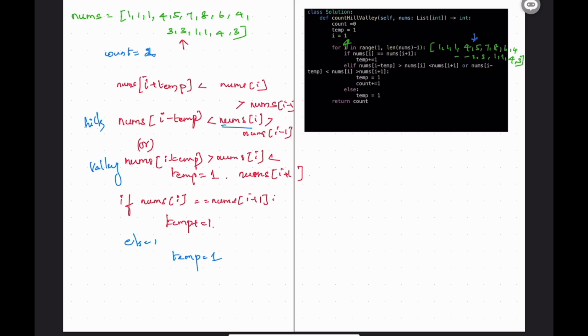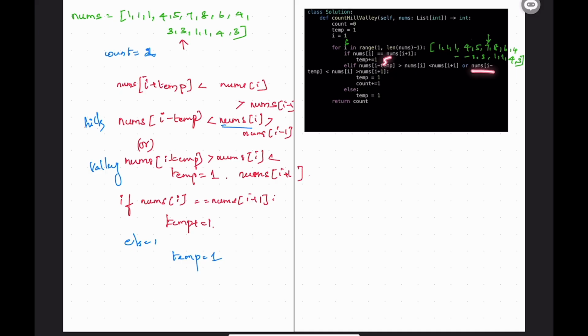The temp will again be 1. So now it will go to I equal 6 and the corresponding value is 7. So 7 is not equal to 8. What will happen now, it will check nums of I minus temp, which is 5.